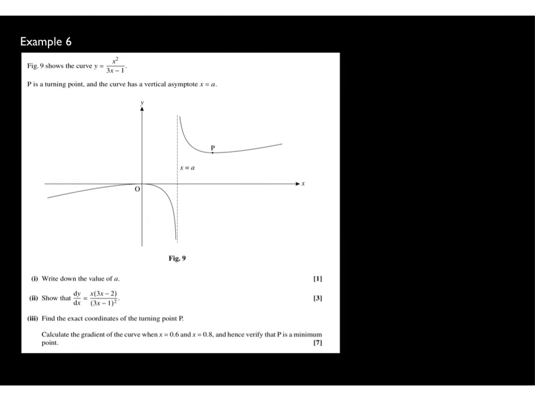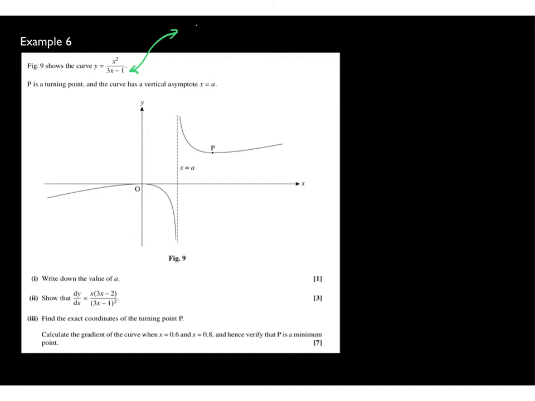Example 6. We're given another curve with an asymptote, and we've got to find the value of x at that asymptote. So we know at the asymptote, the denominator is going to equal 0, which is what causes the break in the graph. It causes the discontinuity.